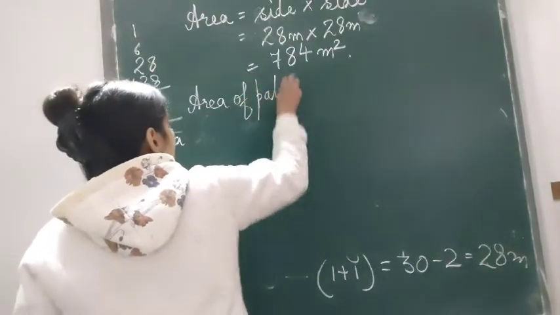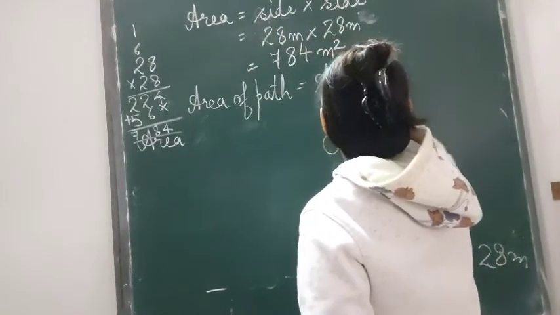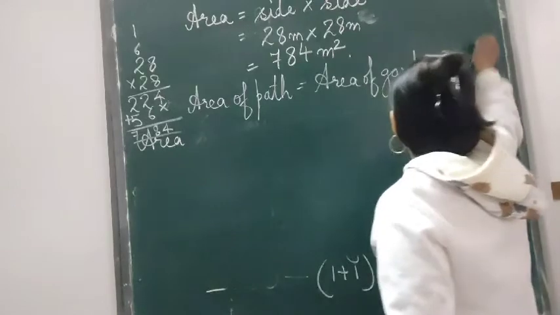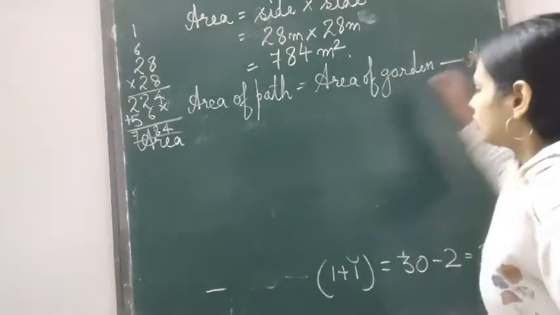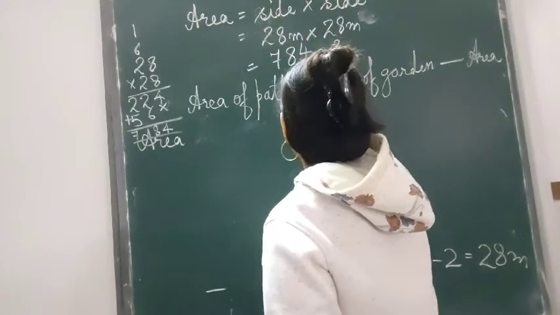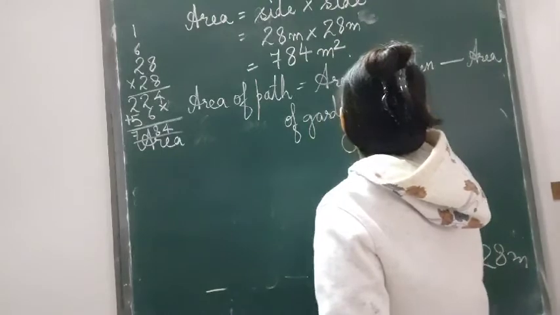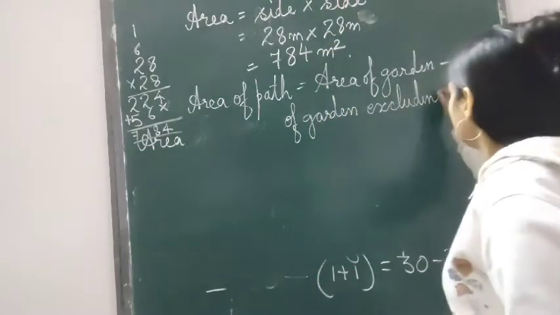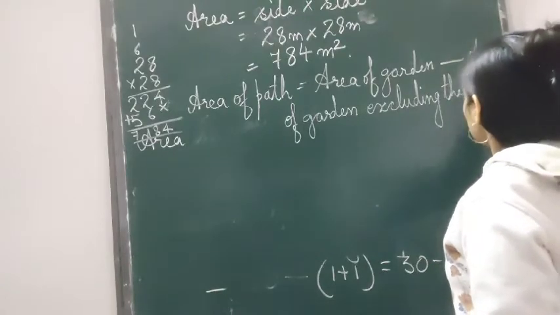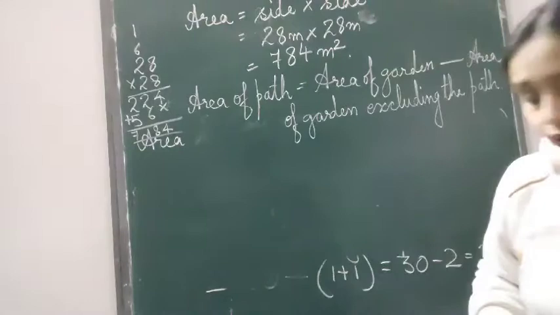Area of path is the area of the garden excluding the path. Children, excluding is the opposite of including. Yes, I know, we all know, but it is always good to revise.